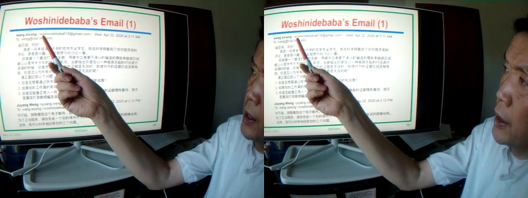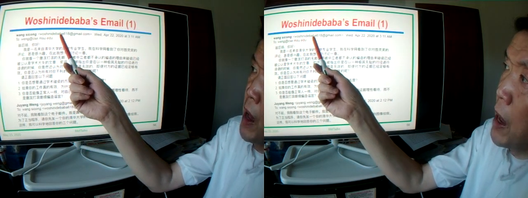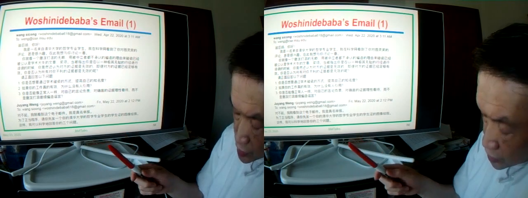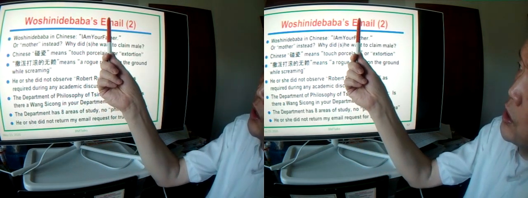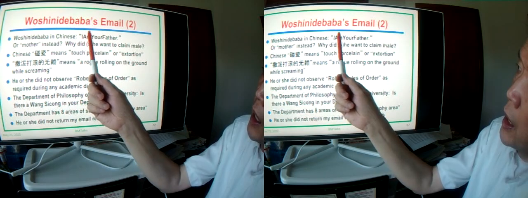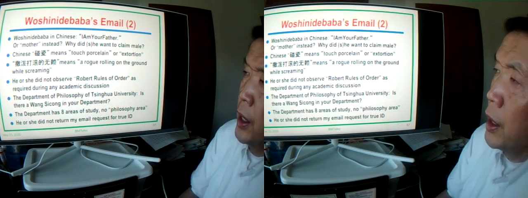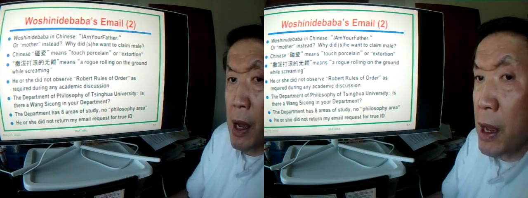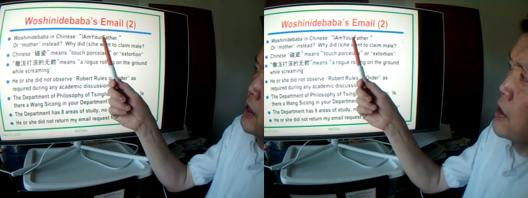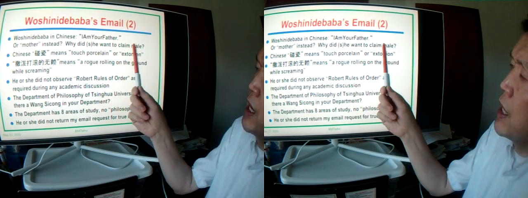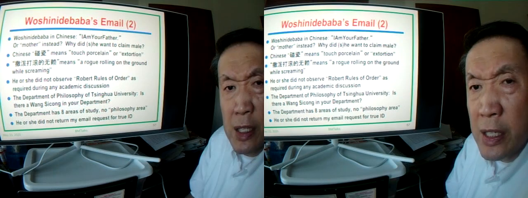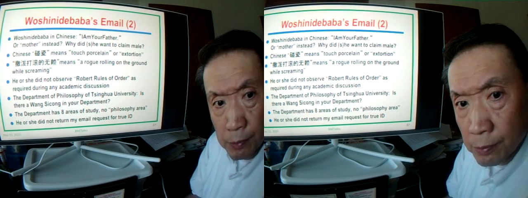But look at that. 我是你的爸爸. In Chinese, 我是你的爸爸 means I am your father. Or maybe mother. Why did that person want to claim to be male? Is that on purpose?